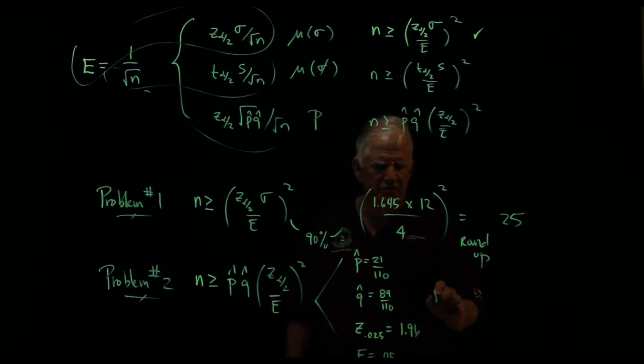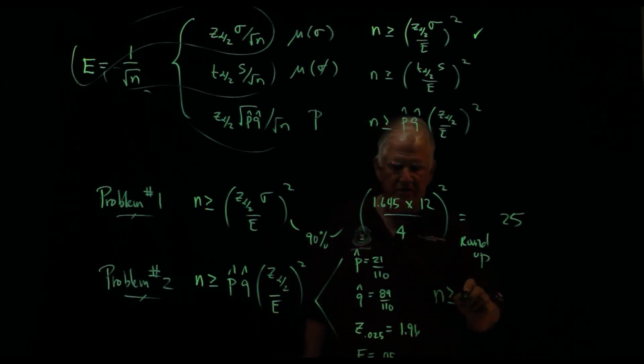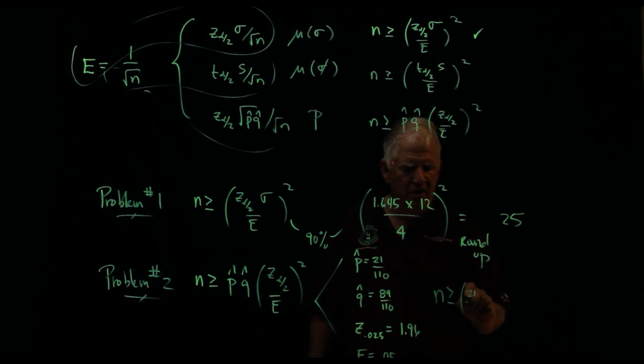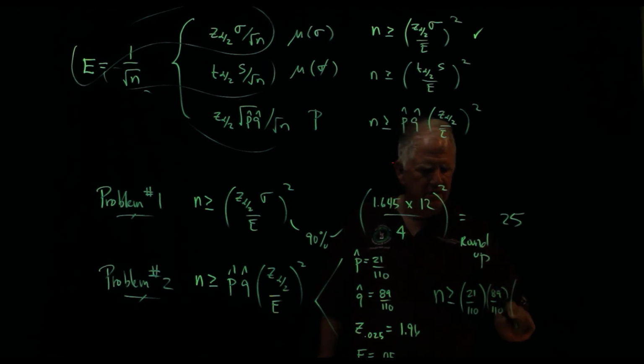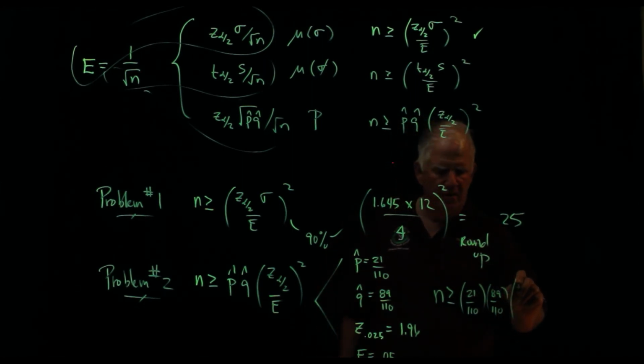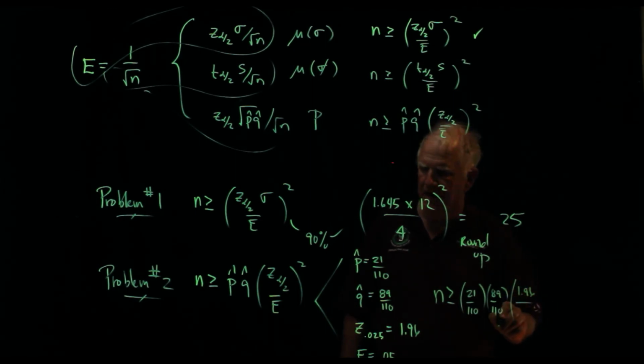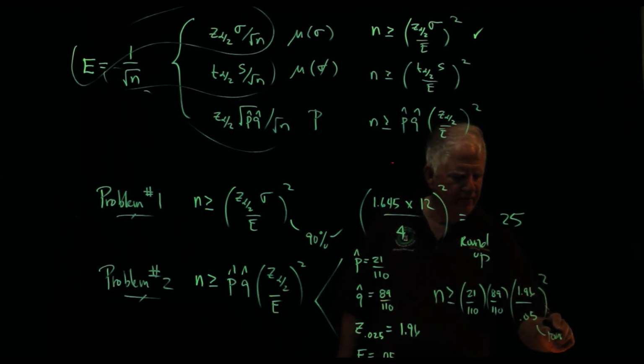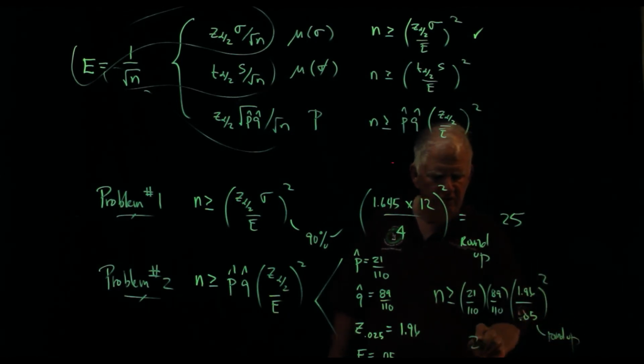So let's put those numbers in. N is greater than 21 over 110 times 89 all over 110 times the quantity 1.96 divided by 0.05. Square that, round up, and you'll get 242.